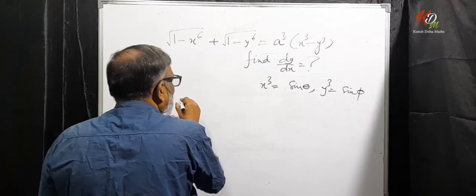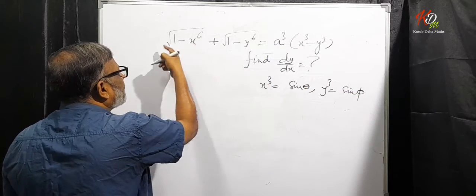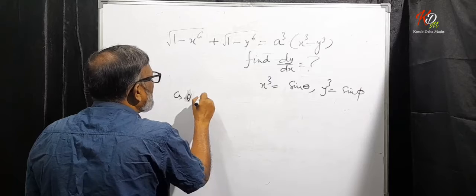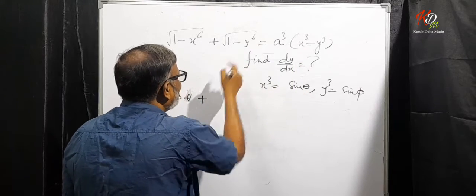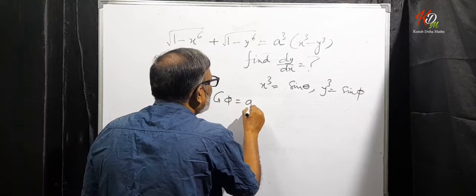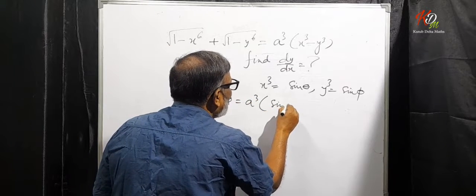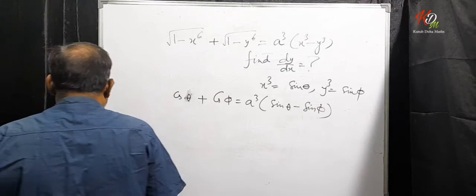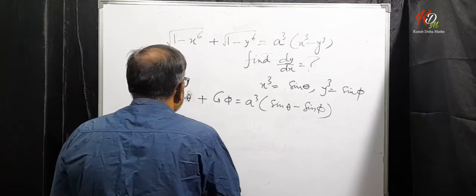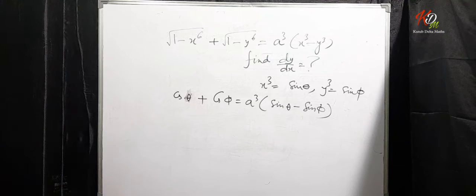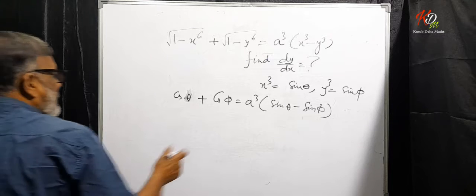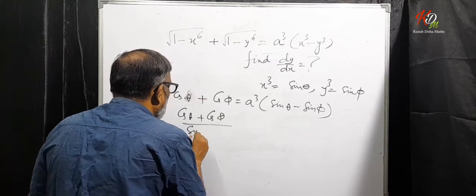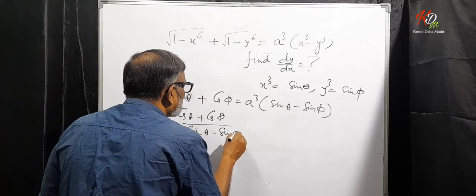Now putting, 1 minus sin square phi, root under, that means cos phi, cos theta; 1 minus sin square phi is cos phi, a cube times (sin theta minus sin phi). Applying the cos C plus cos D and sin C minus sin D formulas: (cos theta plus cos phi) by (sin theta minus sin phi) equal to a cube.